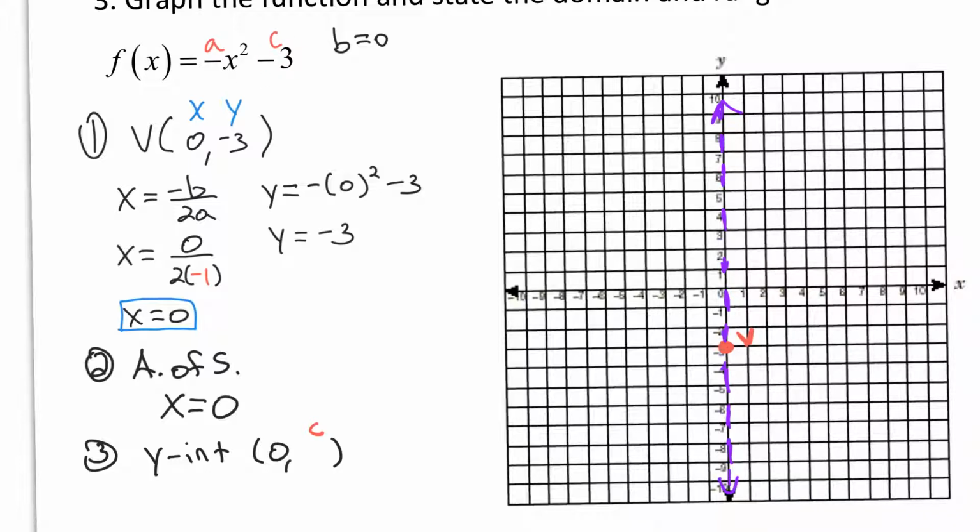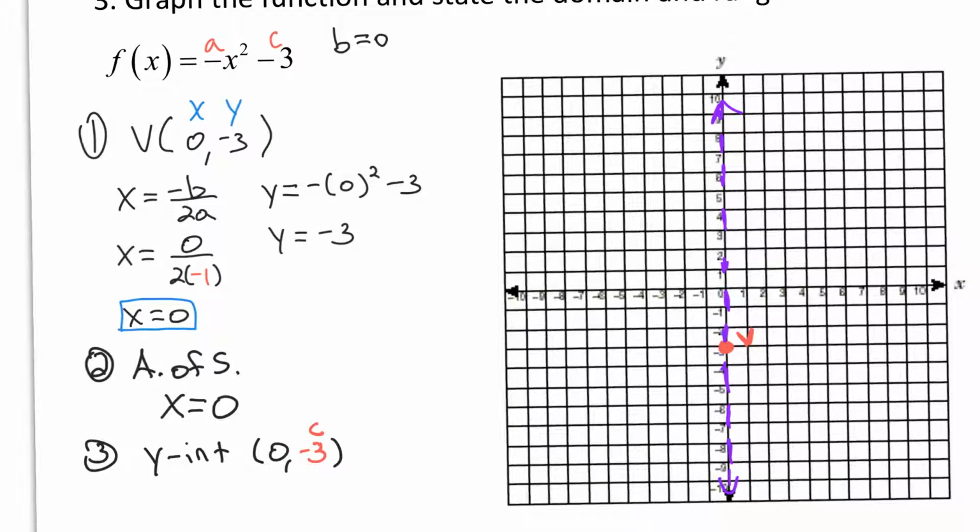So negative 3. I'm going to plot that point so I don't forget the y-intercept. And 0, negative 3, well, guess what, guys? It's the same thing as the vertex.